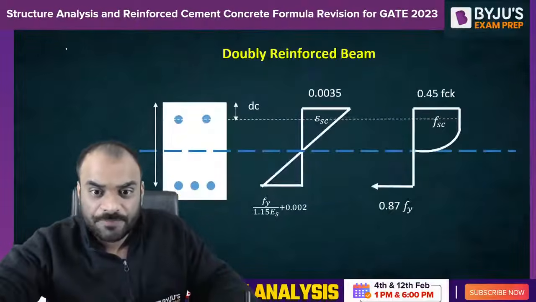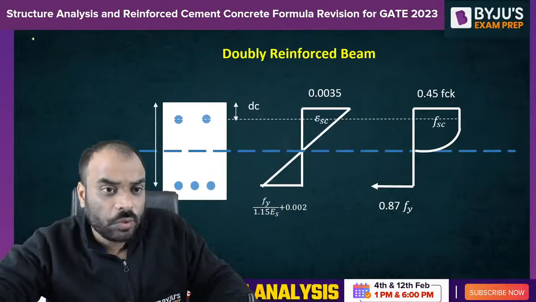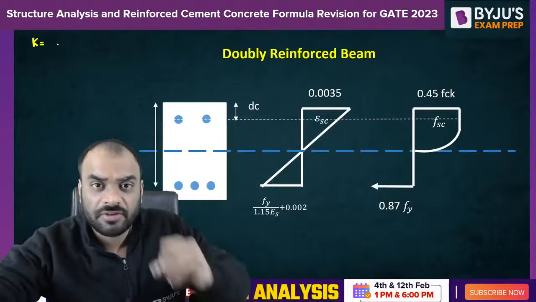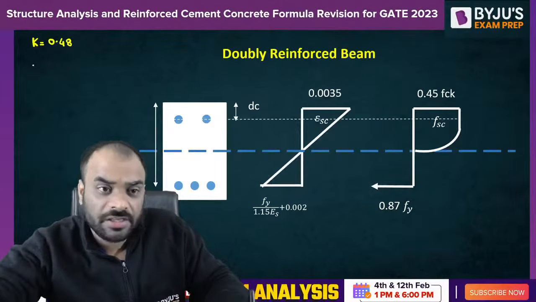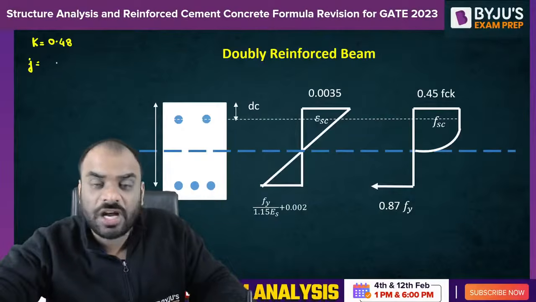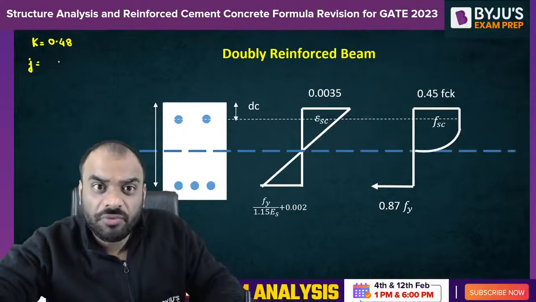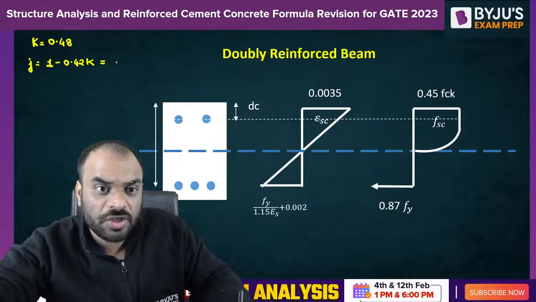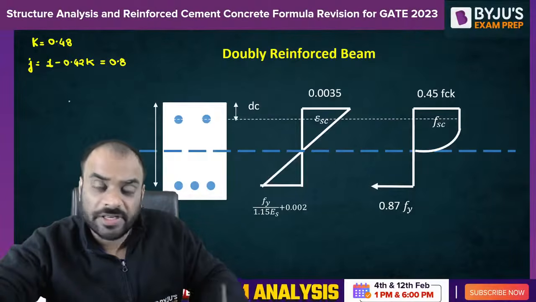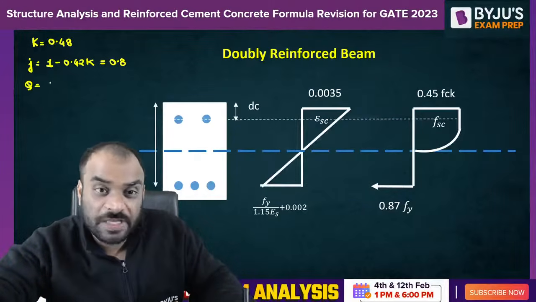What is the value of k if we have Fe415? It is 0.48, right? What is the value of j for Fe415? 1 minus 0.42 k. Kindly put the value of k, you will get 0.8. Clear? What is the value of Q? Please remember these values so that you will use them in the examination directly.